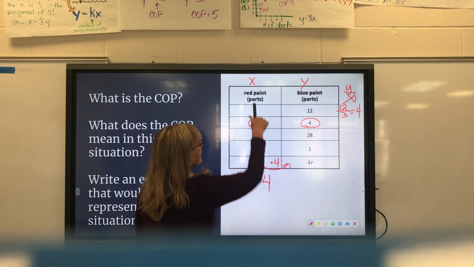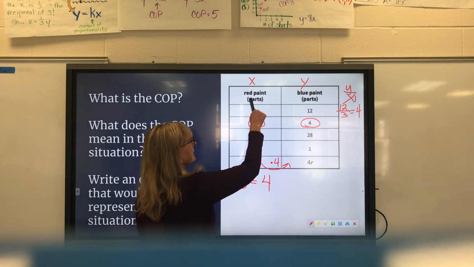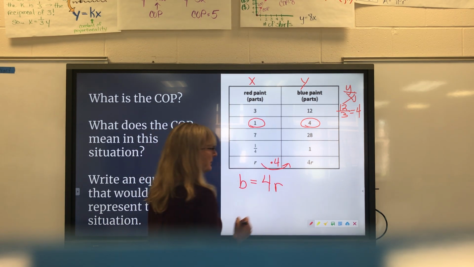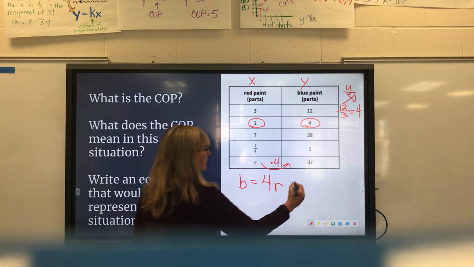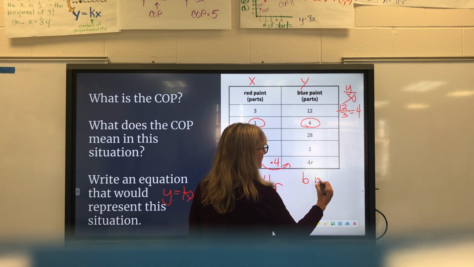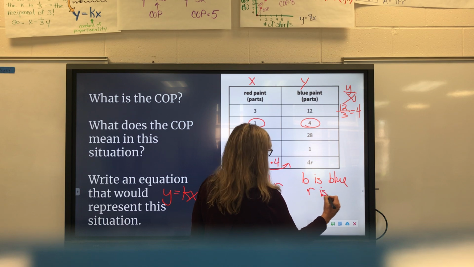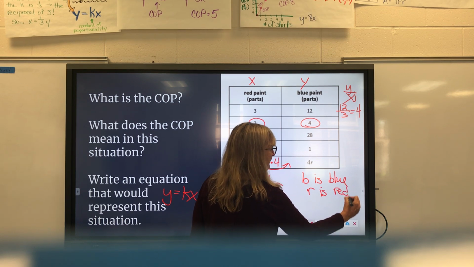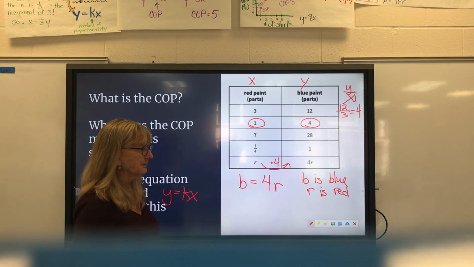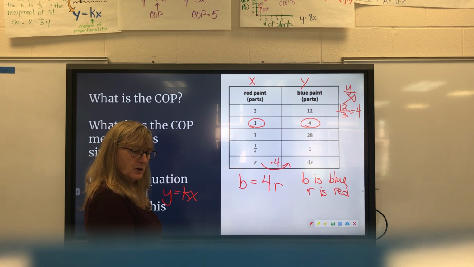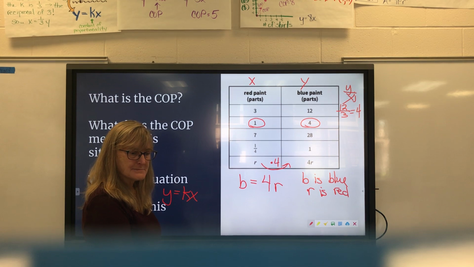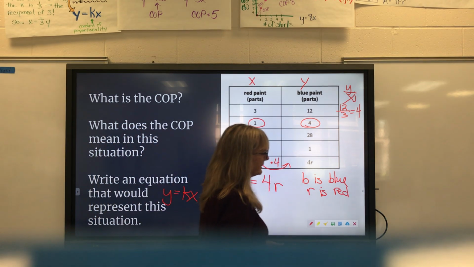What does my x column represent? Red. So I'm gonna put R, where B is blue paint and R is red paint. I have to tell you what the variables represent. Okay, there's the equation. Was that pretty easy? All right, let's look at the next one.